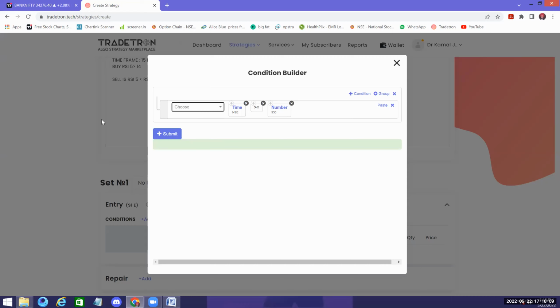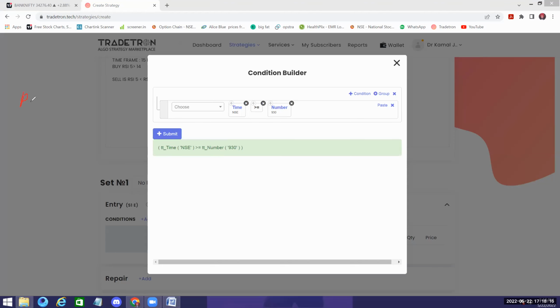Now, since we are in the first condition, we are just trying to look for a buy trade. That means we are bullish and we are only looking for calls. So we are being bullish, and we are going to make a spread.